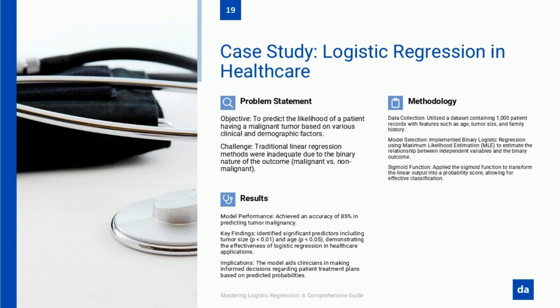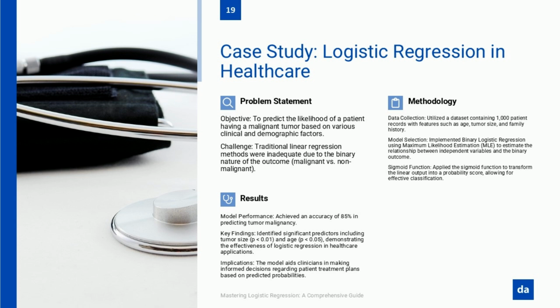Once we train the model, we need to interpret the results. Let's say our model finds that tumor size has the highest positive coefficient. That means larger tumors significantly increase the likelihood of malignancy. If age has a small or negative coefficient, it suggests that younger patients might have a lower risk of malignancy.